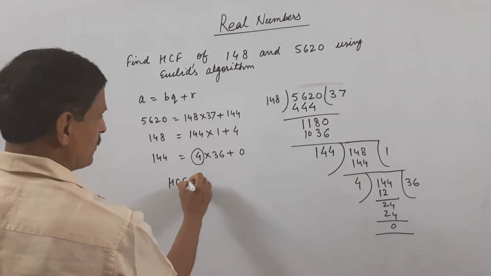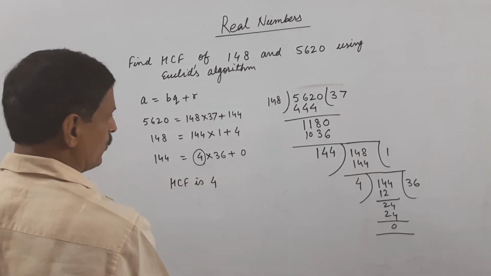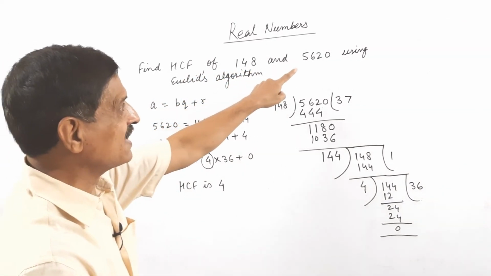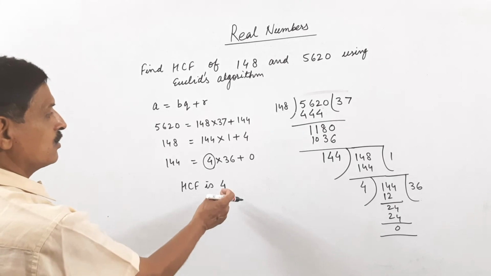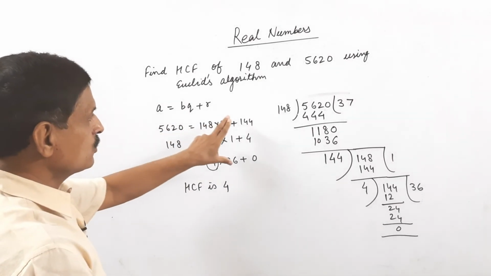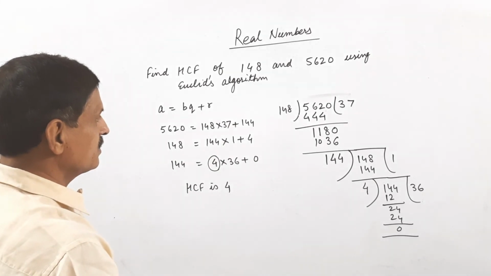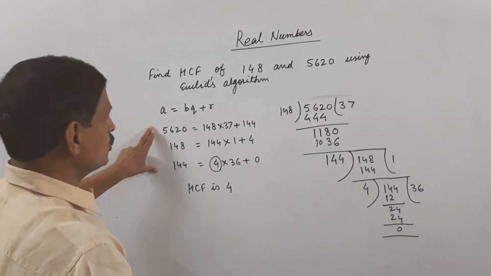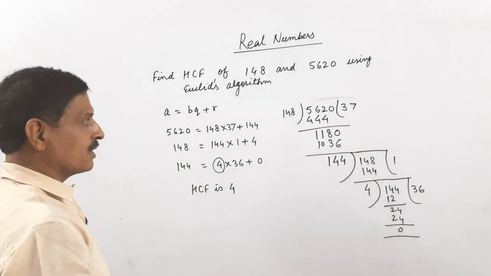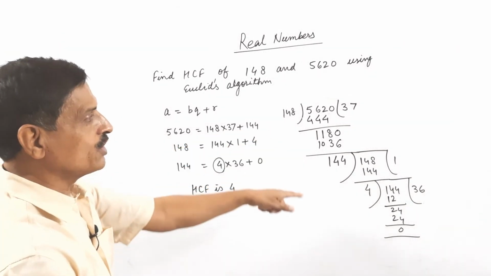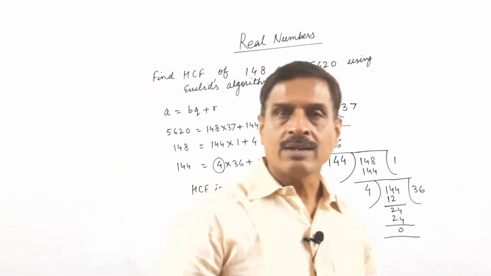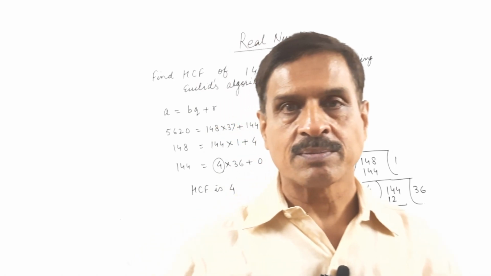So HCF is 4. Therefore, the HCF of 148 and 5620 is 4. This sort of presentation is called Euclid's algorithm. This is a step-by-step process used in long division method to find the HCF of the given numbers.